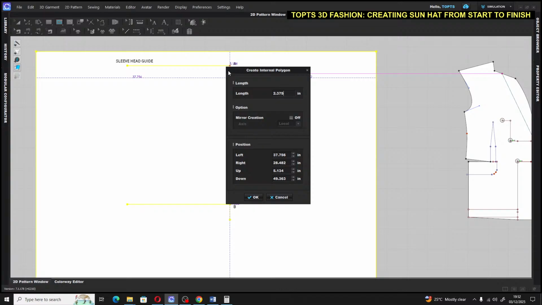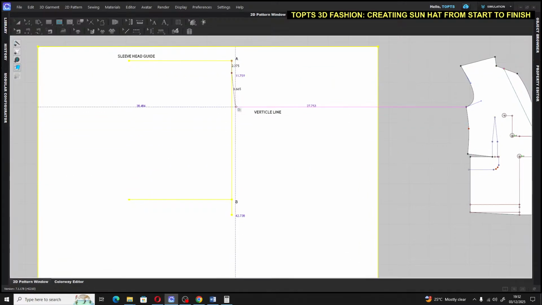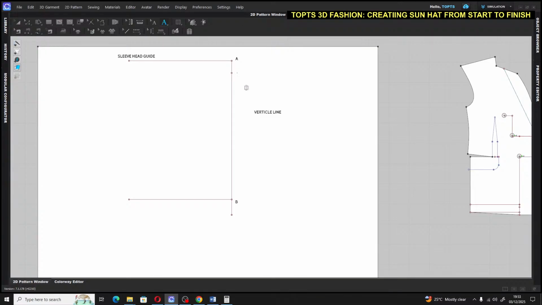You also mark the answers. So we click here, then this is our point C. We label this point C. And we also square this line like this.